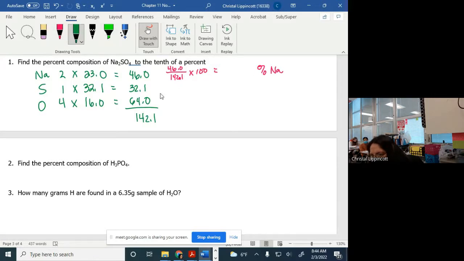I'm going to do my sulfur, which is 32.1 divided by the whole times 100. And that's going to give me my percent sulfur. Do you remember doing these? And then my oxygen, I'm going to do 64.0 divided by 142.1 times 100. And that's going to give me my percent oxygen.